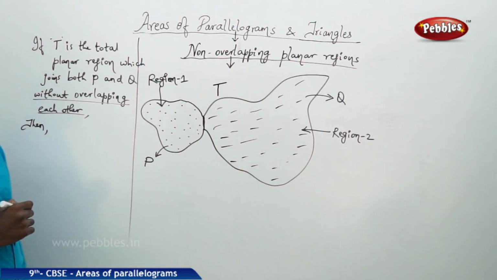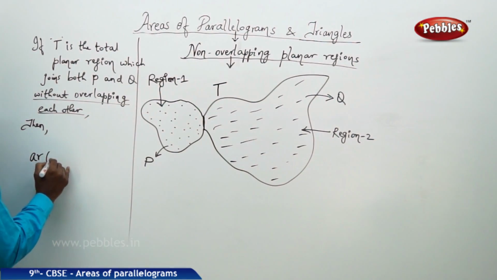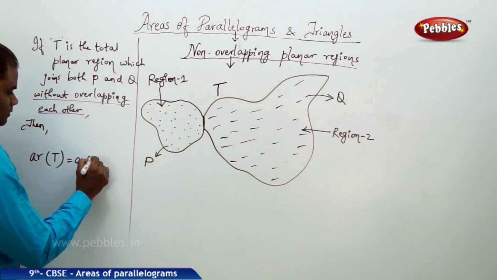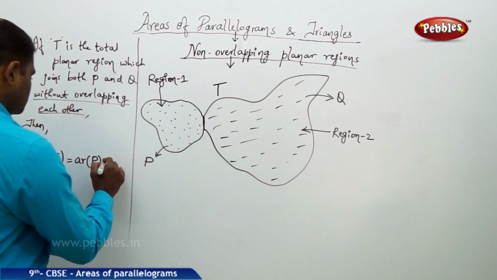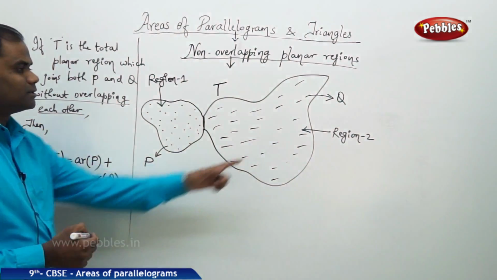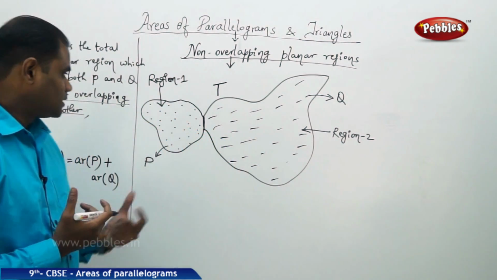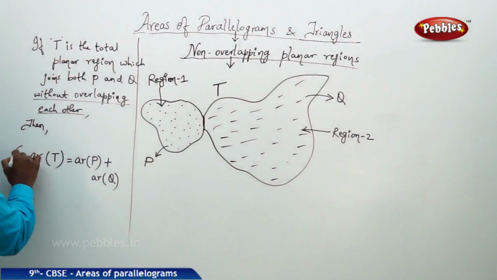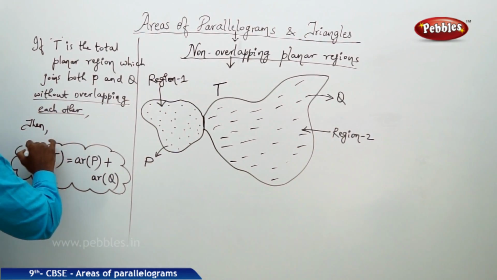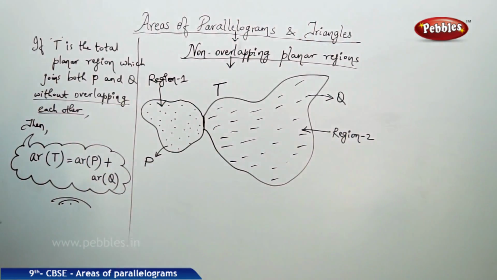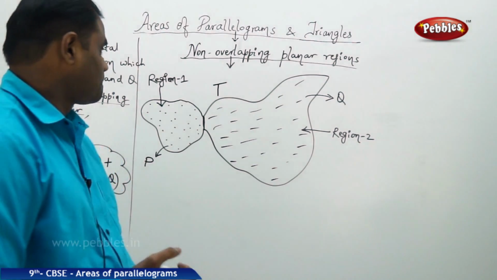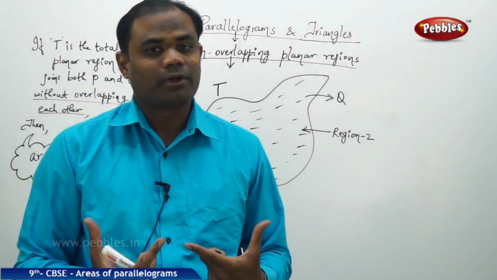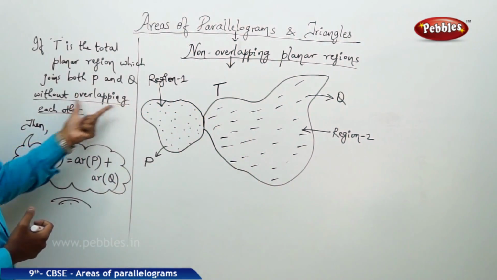Then I have a mathematical property which connects area of the whole total region T, denoted by AR of T, which will be equal to area of the region P, the first region, plus area of the second region Q. So if I join the two regions, area of P plus area of Q equals area of the entire total region T. Area of T equals area of P plus area of Q. So T, the total region which joins both P and Q, has an area equal to the areas of the two regions joined without overlapping each other, which plays a vital role.